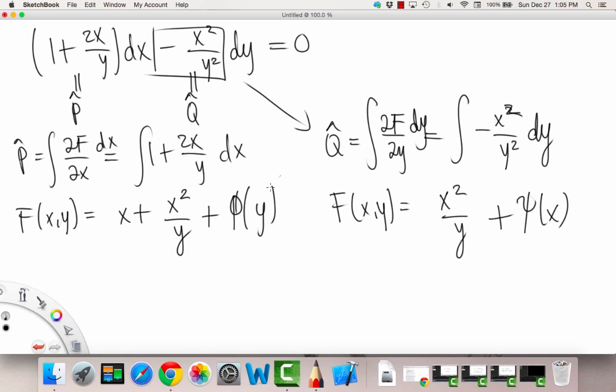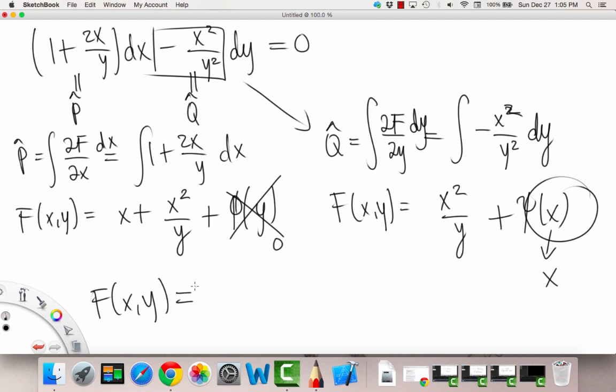This thing actually turns out to be 0 for the extra part, and the single variable function is going to be our x. So finally, our solution is f of xy is equal to x plus x squared over y, equal to c.